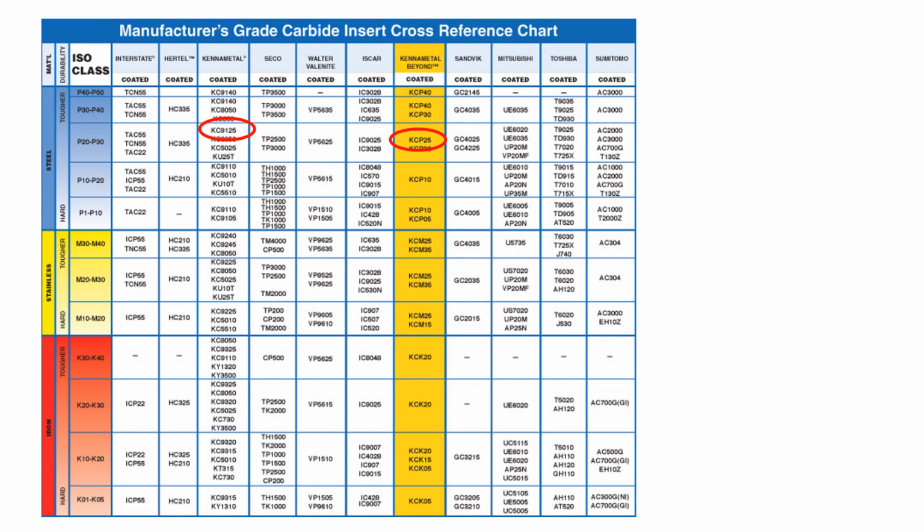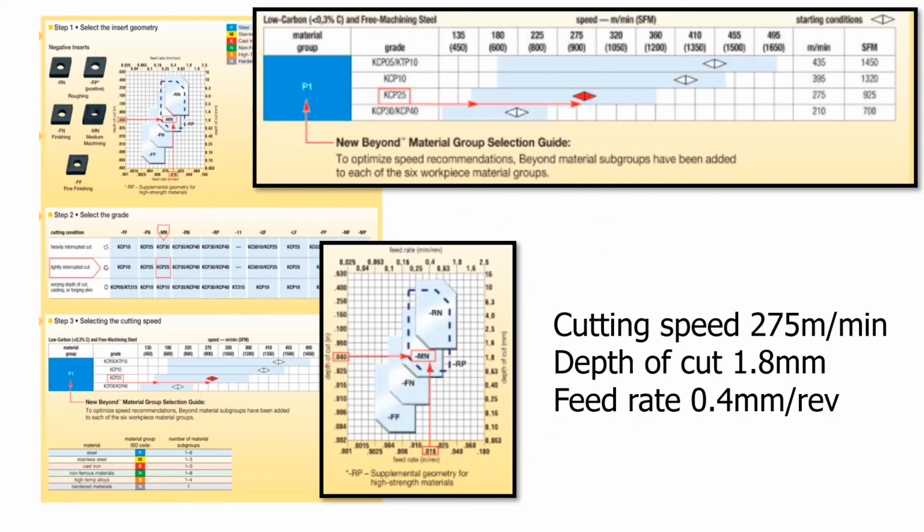According to my comparison table, that particular grade's obsolete, and the closest grade in the new range of Kennametal Beyond inserts is the KCP25, so that'll be the Kennametal grade that I'll be purchasing. My old insert's obsolete. They've given me a new grade of insert.